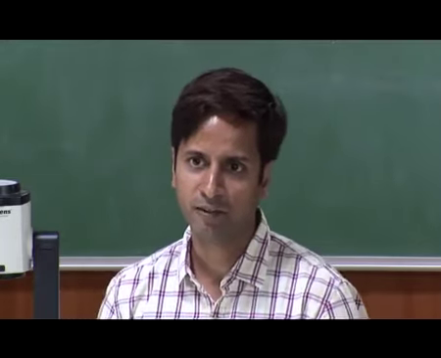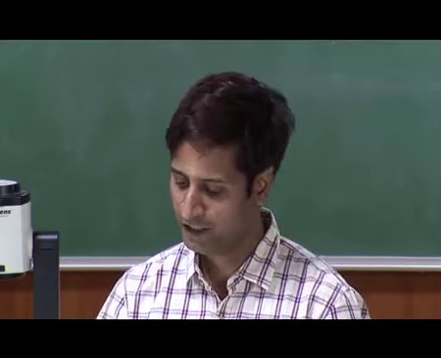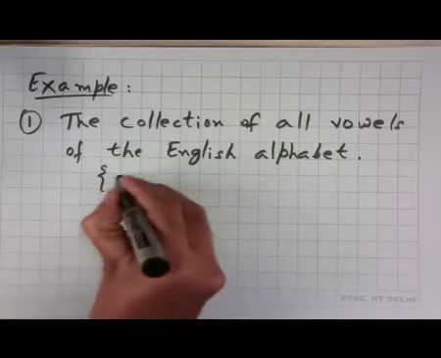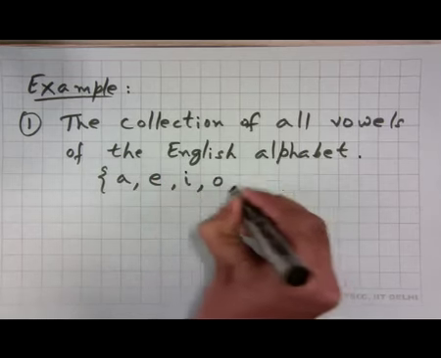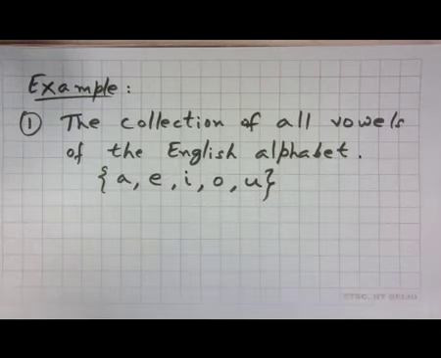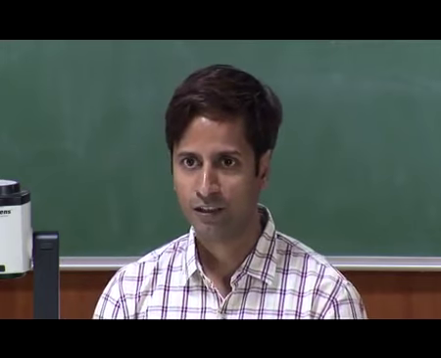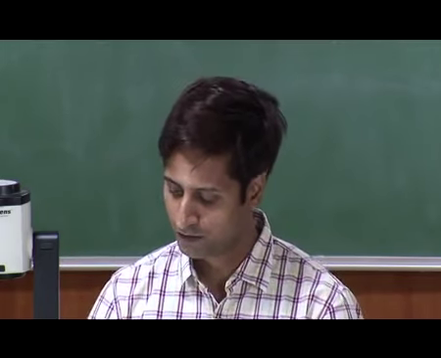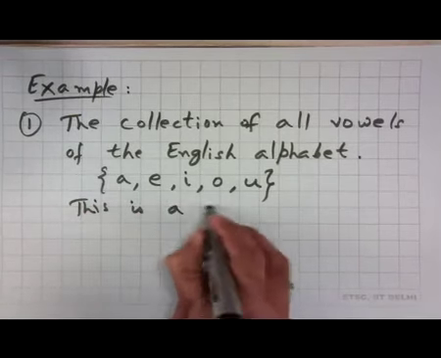We have the English alphabet, there are 26 alphabets A to Z, and we know that there are 5 vowels A, E, I, O, U. So, this is a well defined collection. Given an alphabet, you can tell whether it is a vowel or not. So, this is an example of a set. This is a set.